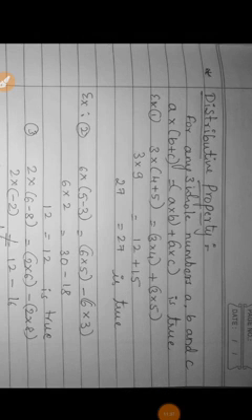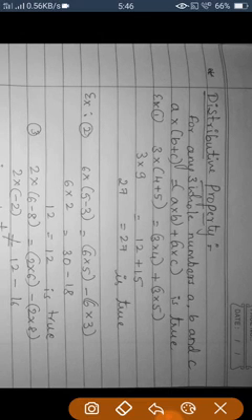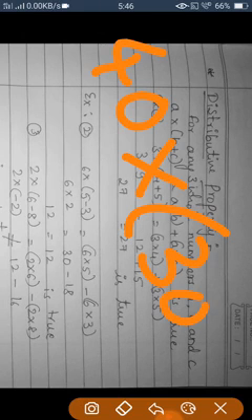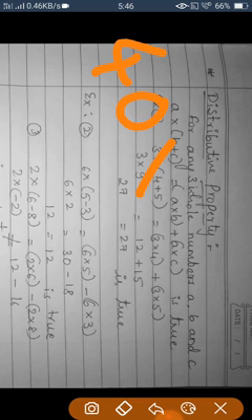It is the distributive property. Sometimes, take the example 40 into 30 plus 100.